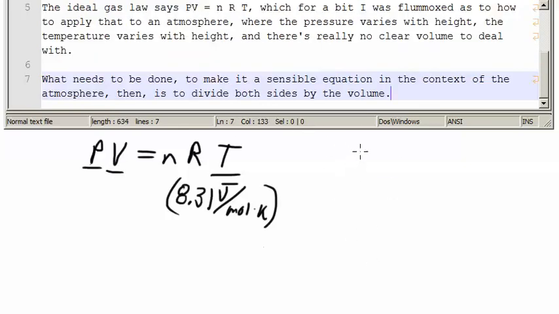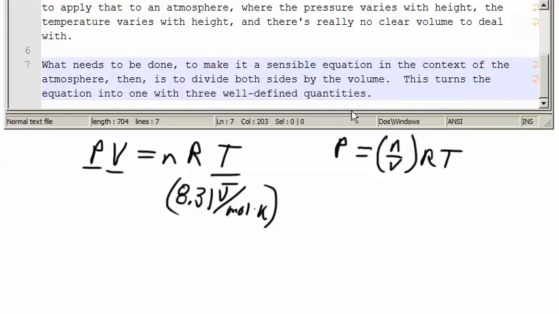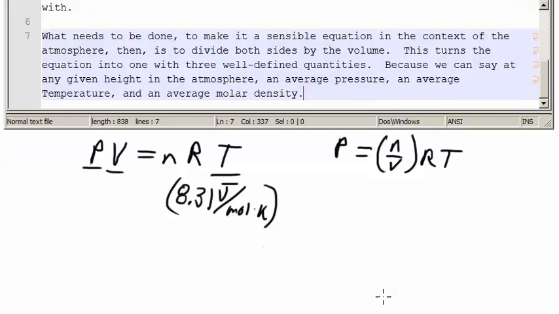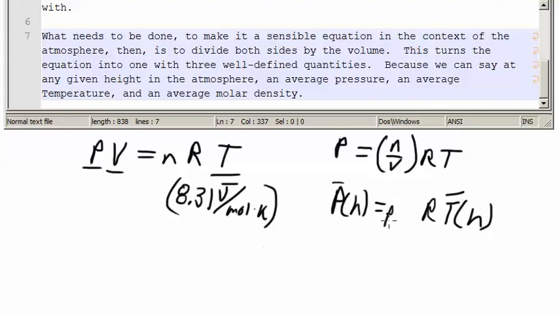What needs to be done, therefore, to make it a sensible equation is to divide both sides by the volume. This turns the equation into one with three well-defined quantities, because we can say at any given height in the atmosphere that we have an average pressure, an average temperature, and an average density.